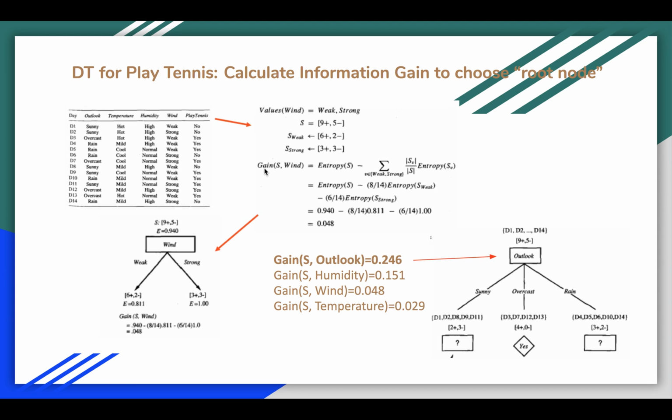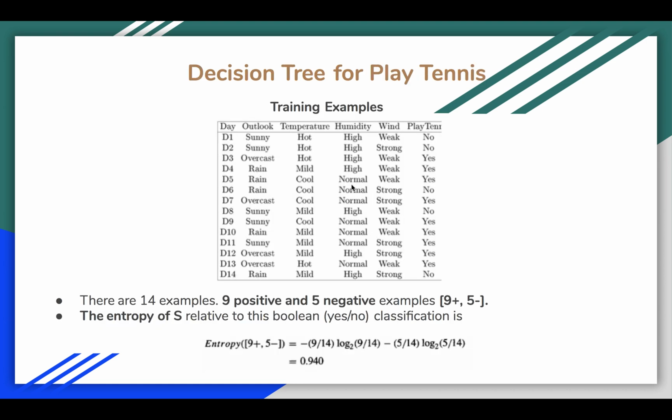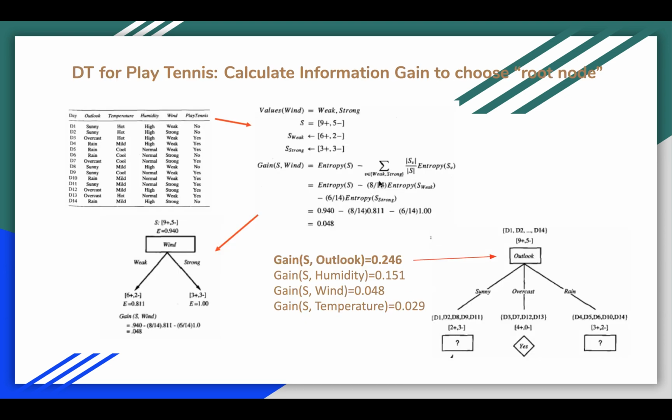Then we calculate the information gain for wind. It's equal to the formula for the information gain, and we can see that the entropy of S is what we just calculated before, 0.940, minus the ratio of weak times entropy of weak, minus the ratio of strong times entropy of strong.